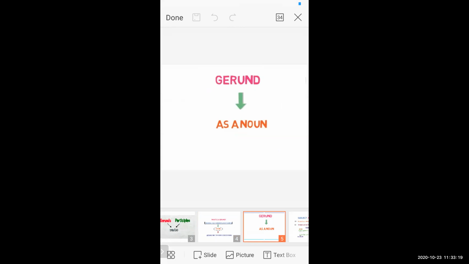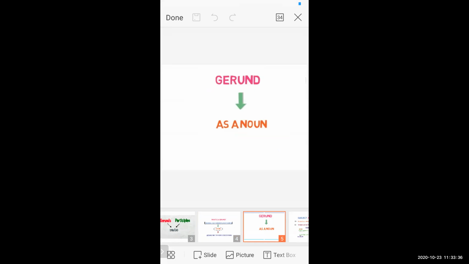So while reading the sentence, you have to identify properly where the verb form with ing is, and see that the verb acts as a noun. That is your gerund.